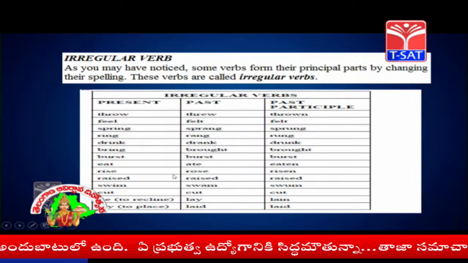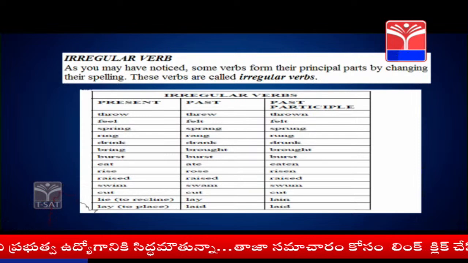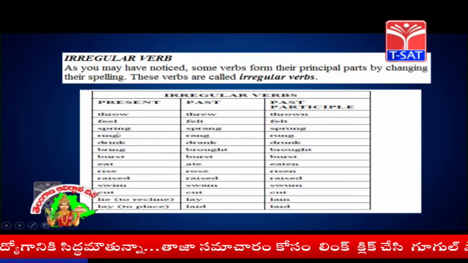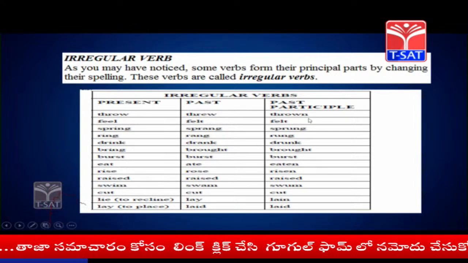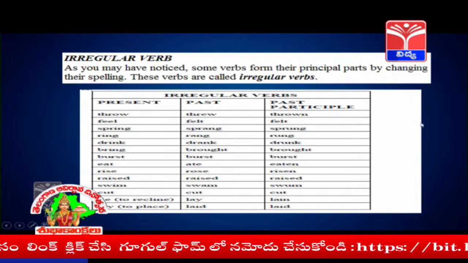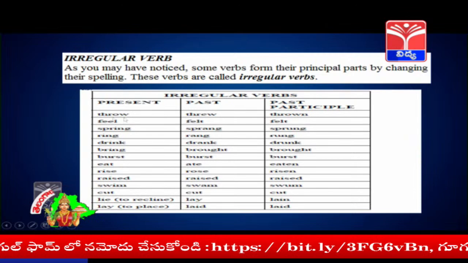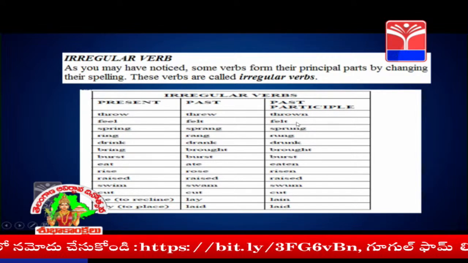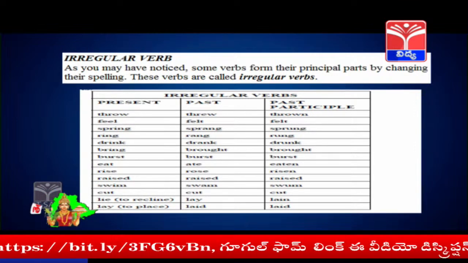There will be a slight spelling change in them. Not only spelling, the pronunciation also changes. See here: throw is the present tense, threw the past tense, thrown the past participle, and throwing the present participle. So there is a spelling difference in these words. Such verbs are called irregular verbs.